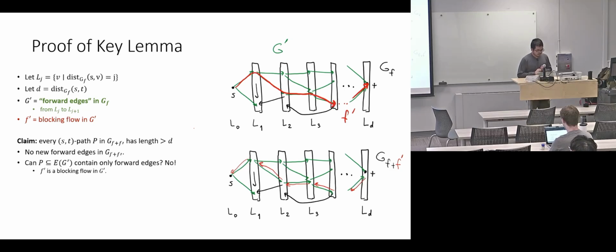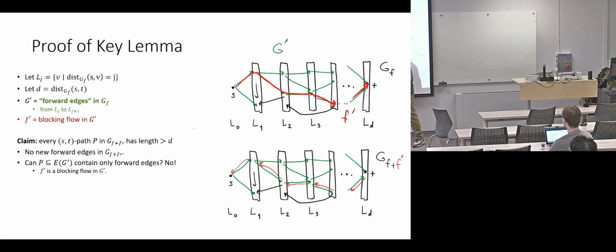So look at this graph. Can there still be some path that uses only forward edges in this graph? It's not going to be the case. Why? Because this flow is a blocking flow in the green graph.